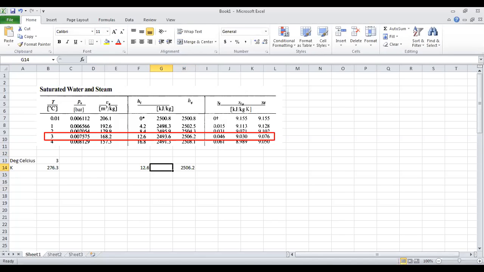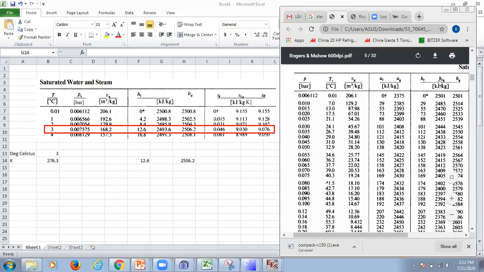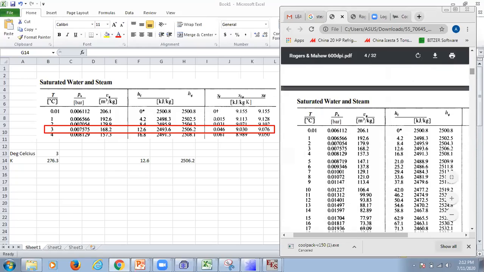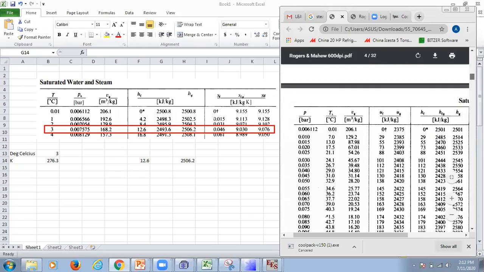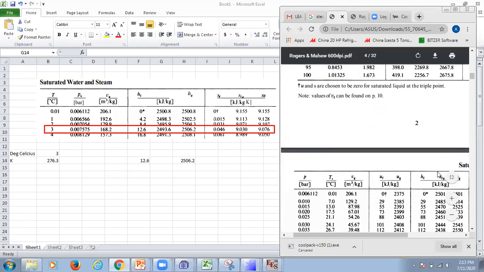In the Rogers and Mayhew table PDF, I'm going to show you again, the middle is hfg. The notation is missing here, but you can see hfg is here. So this is hfg.